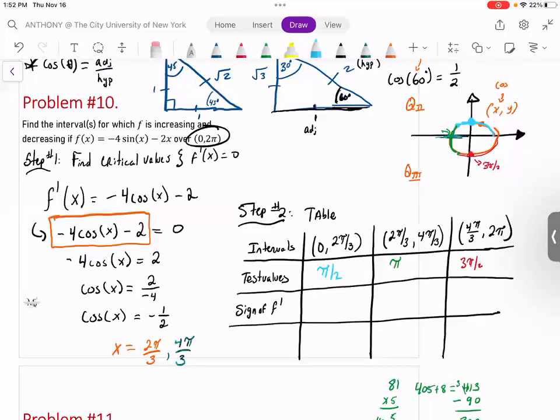When x is equal to pi over 2, you're going to get -4 times cosine of pi over 2 minus 2. So what's cosine of pi over 2? It is 0. So -4 times 0 is 0. 0 minus 2 is -2. So you're going to get a number that is less than 0. So since you have less than 0, one of your conclusions is that in the first interval, it is decreasing.